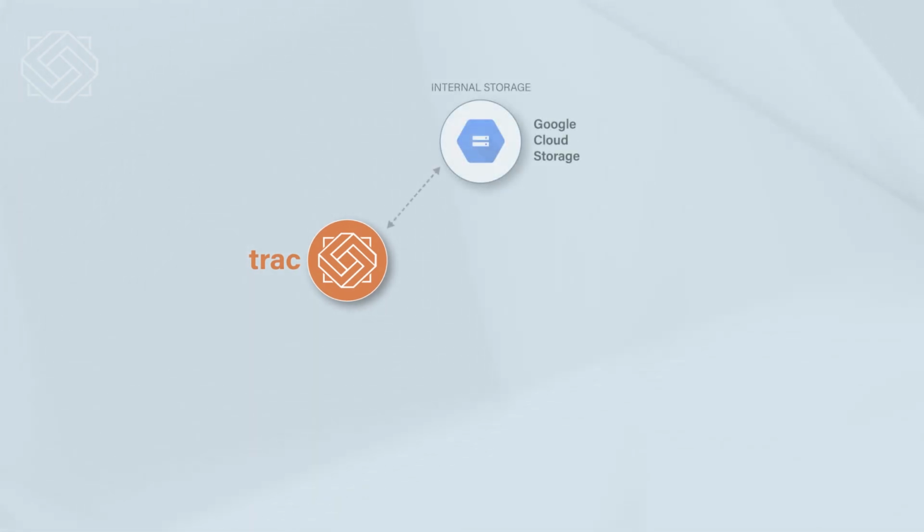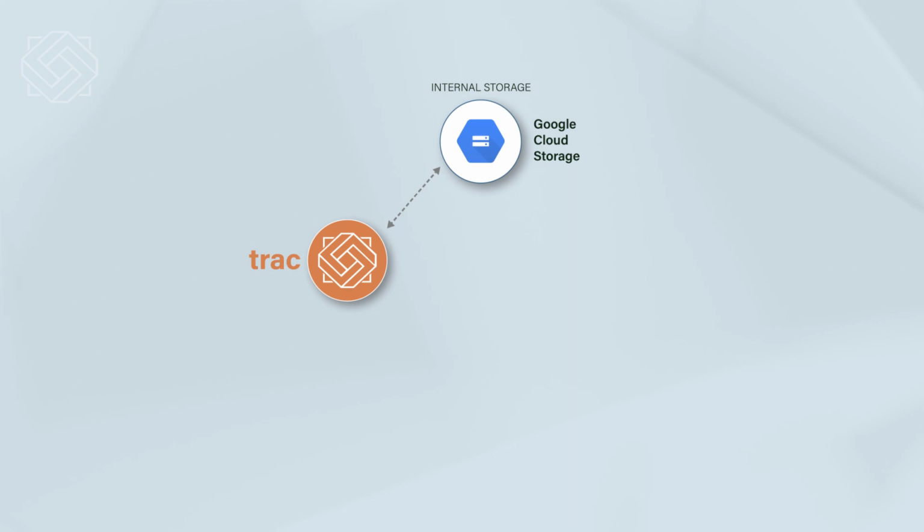TRAC brings together multiple technologies to create a single ecosystem in which to build, deploy, and use models. For data storage, we use regular cloud buckets, and there must be an area to which only the platform has write access, which we call internal storage. BigQuery views are created only when needed, so the platform is fast, scalable, and cost-efficient.